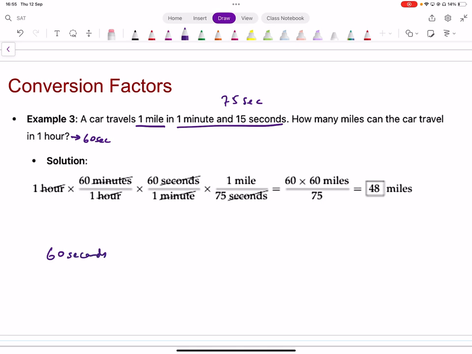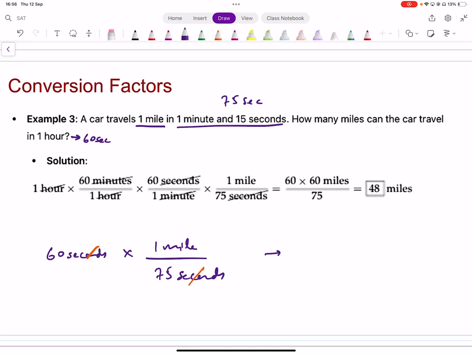Is that okay? We know the car travels 1 mile in 75 seconds. How can we write that here? You can say 1 mile over 75 seconds. Seconds and seconds get cancelled out. What are we left with? We're left with miles. What's the result that we get from this?